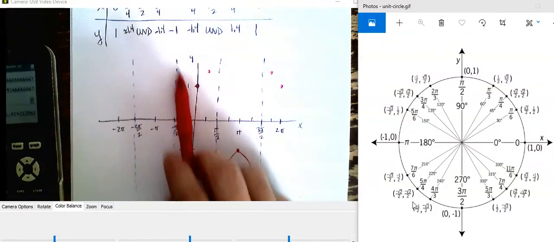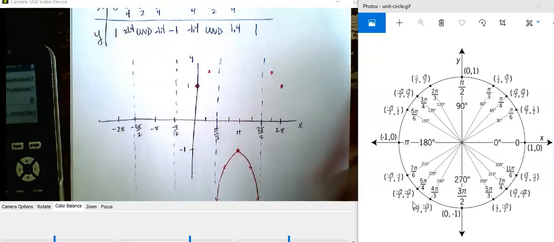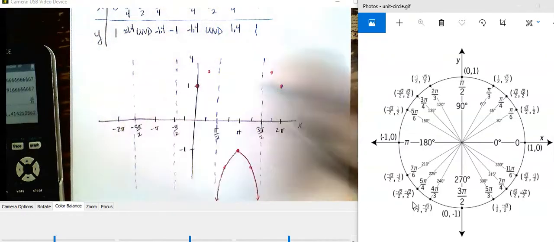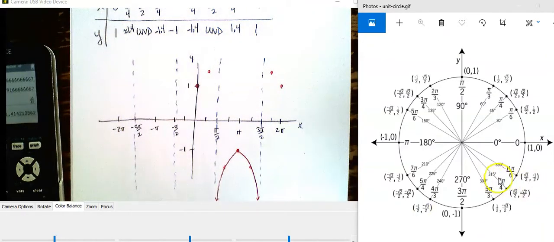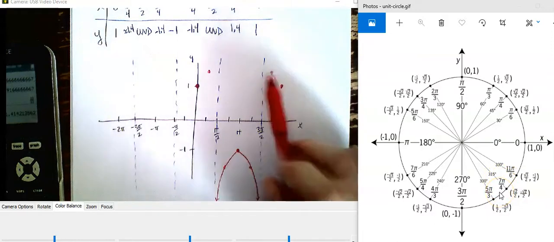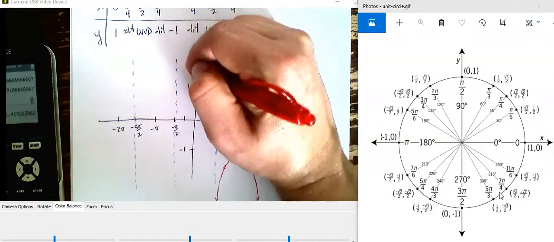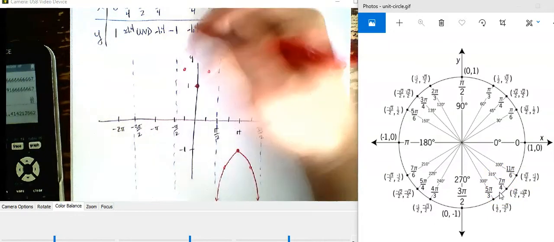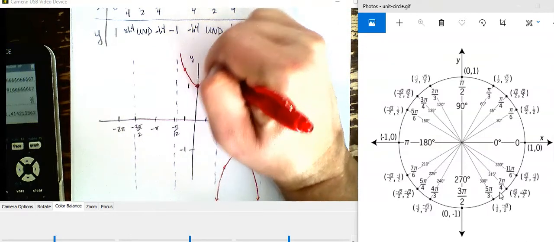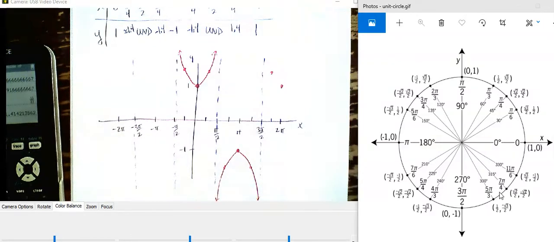So let's make some guesses about what's here. We actually can just calculate it. At negative pi over 4, negative pi over 4 is the same thing as 7 pi over 4. It's coterminal with that angle. So it's going to have the same point at 7 pi over 4. So 1.4 there. All right.